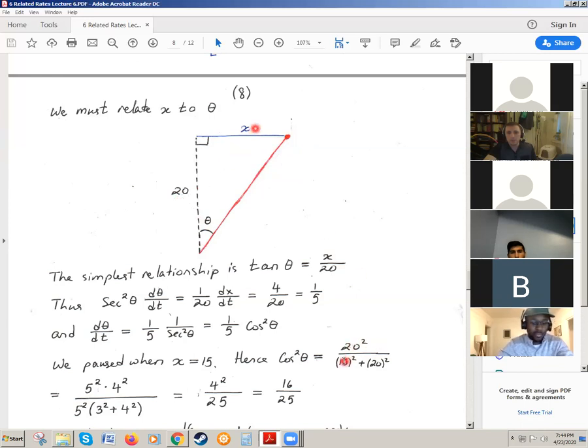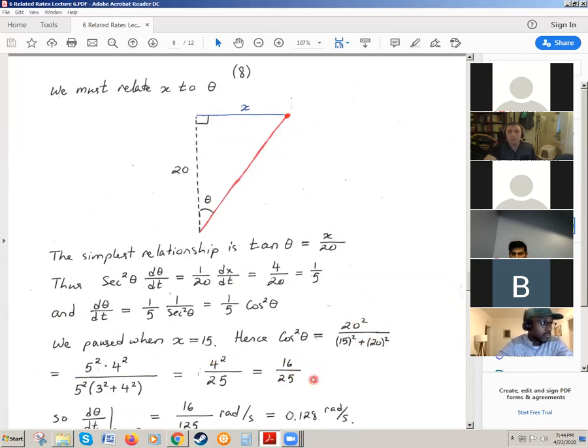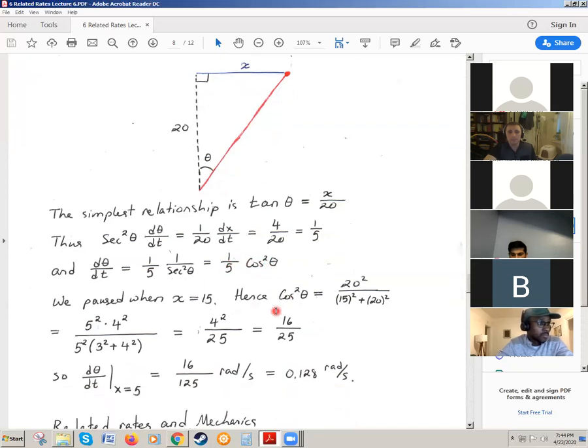So it's 20 squared divided by 15 squared plus 20 squared, which when you simplify ends up being 16/25. So what I have now is 1/5 times 16/25, which ends up being 16/125.